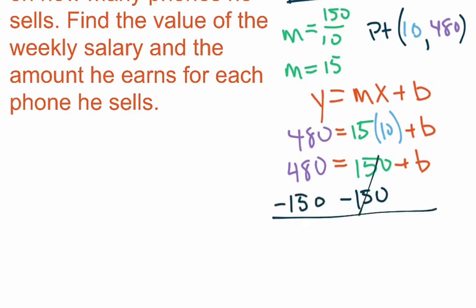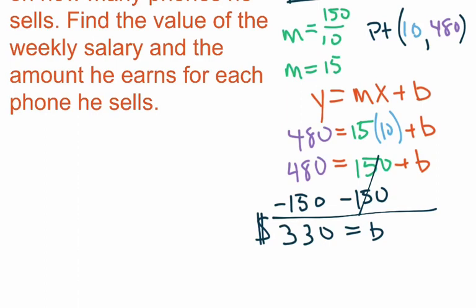These cancel. 480 minus 150, we get 330. So 330 is equal to b. So what this tells us about this problem is that his weekly salary is going to be $330, and he earns an additional $15 for each phone that he sells.